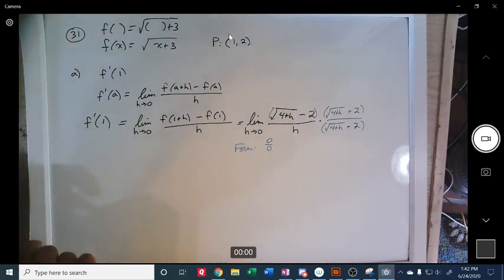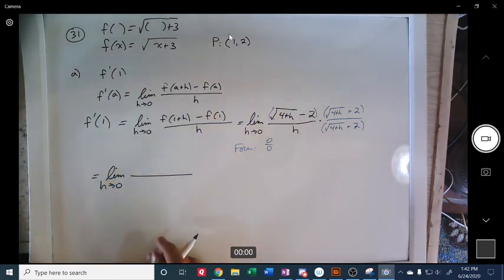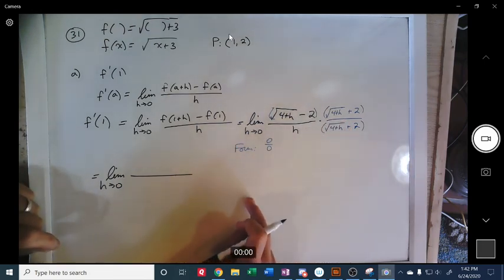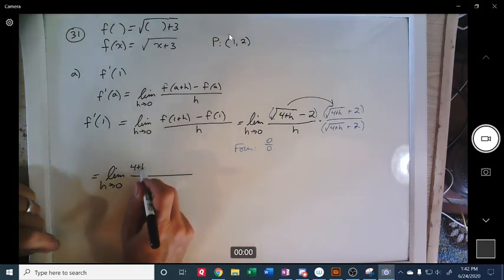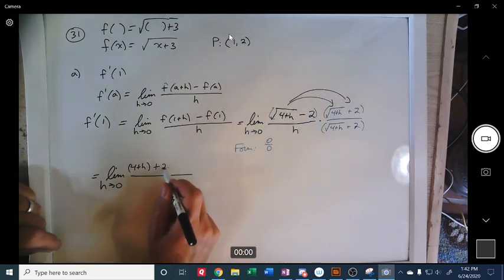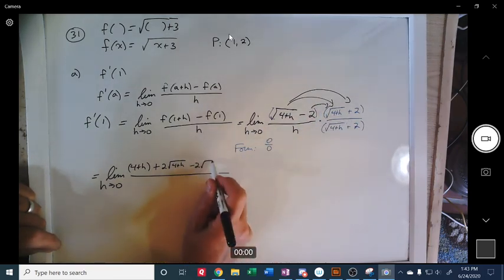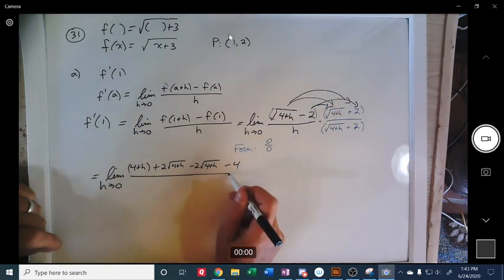And I got the reason why I multiply by the conjugate is the only way for the middle term to cancel out. And when I FOIL this times this, 4 plus h. Plus 2 minus 2 minus 4.